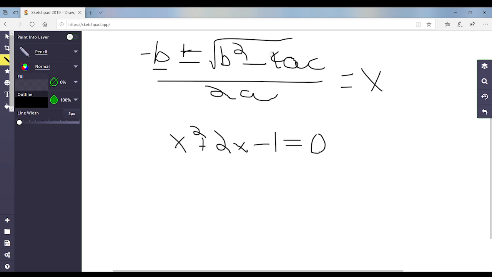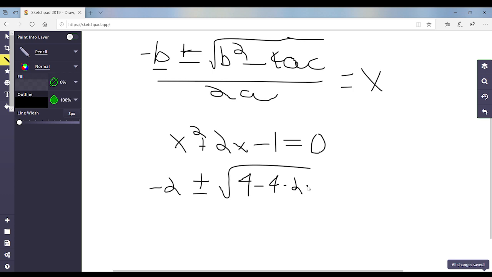Okay, so if we just plug in our numbers, we'll get into the plus or minus later. So minus 2, -2 plus or minus the square root of b squared, so that's 2 squared, minus 4ac, so minus 4 times 1 times -1.